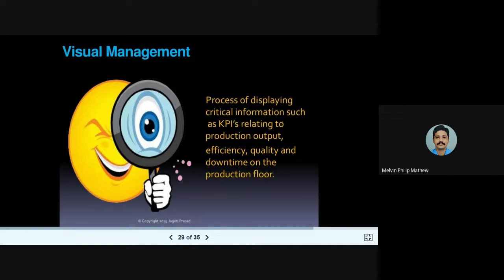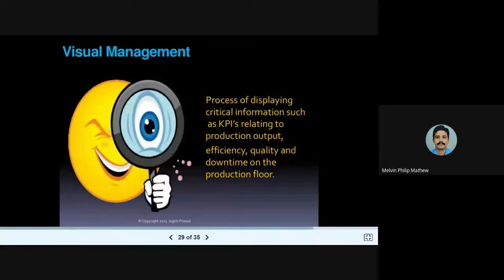Visual management is the process of displaying critical information such as KPIs relating to production output, efficiency, quality, and downtime on the production floor. That is what visual management states. So it is a process of displaying critical information.